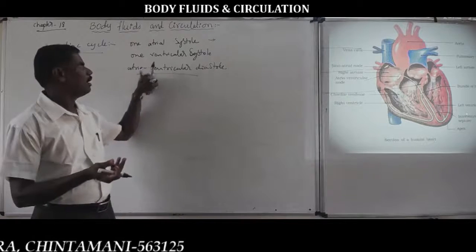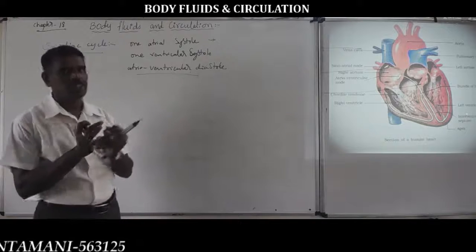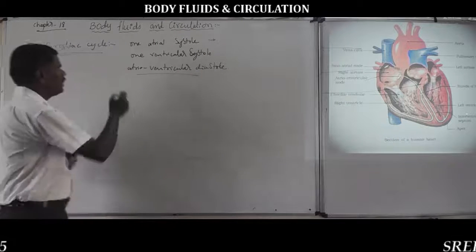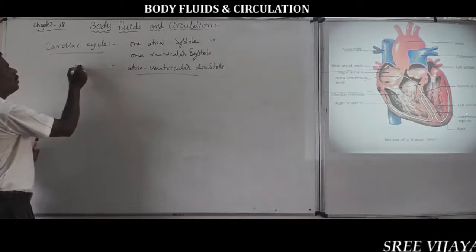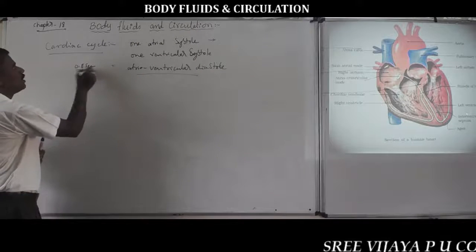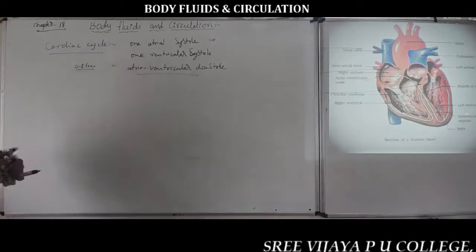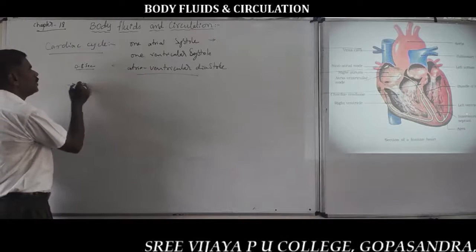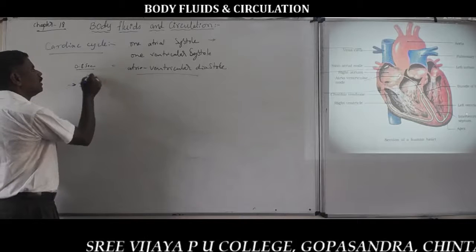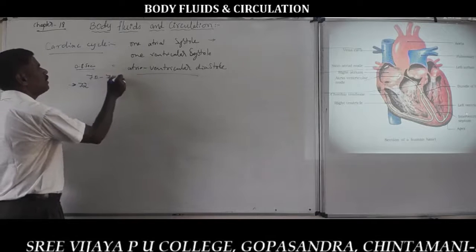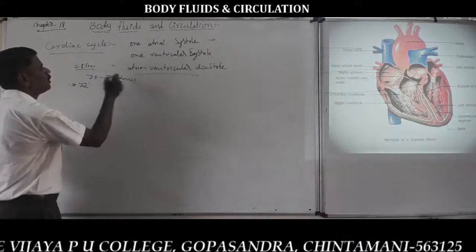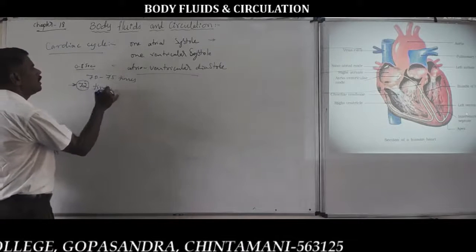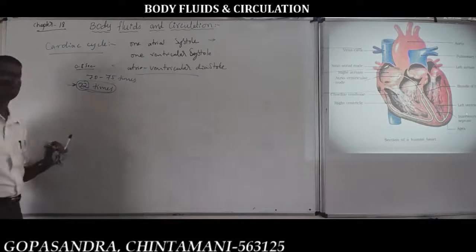Both atria and both ventricles relax, which is completed within 0.8 seconds. So the heart pumps nearly 70 to 75 times, normally 72 times, which is usual.